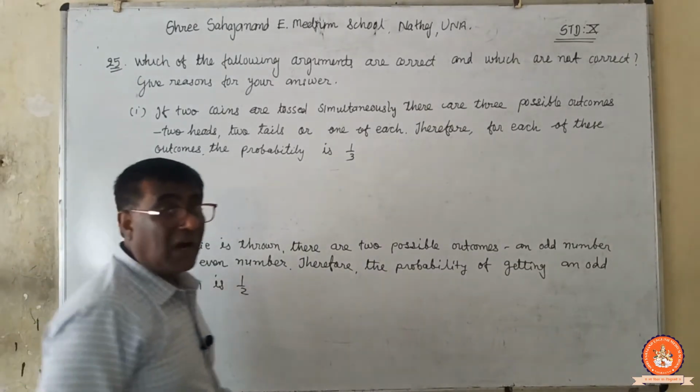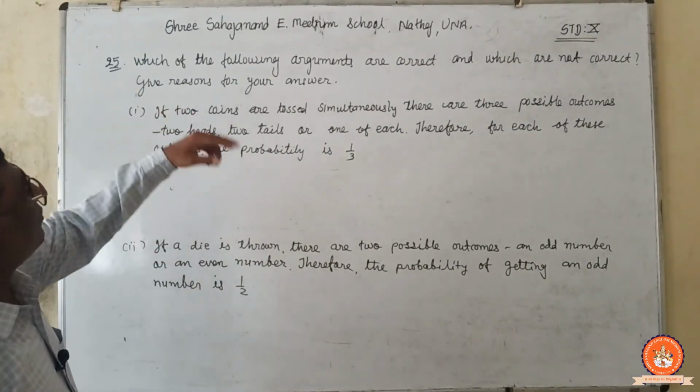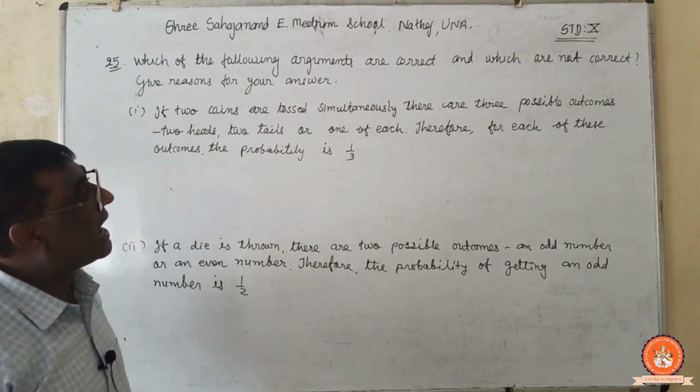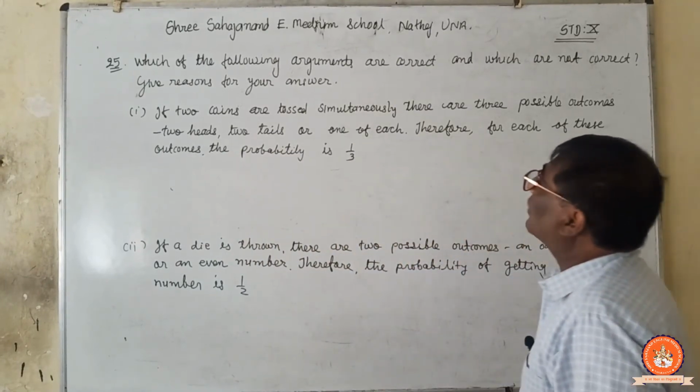Question number 25 and the last one of this chapter. Okay. Which of the following arguments are correct and which of these are not correct? Give reasons for your answer.